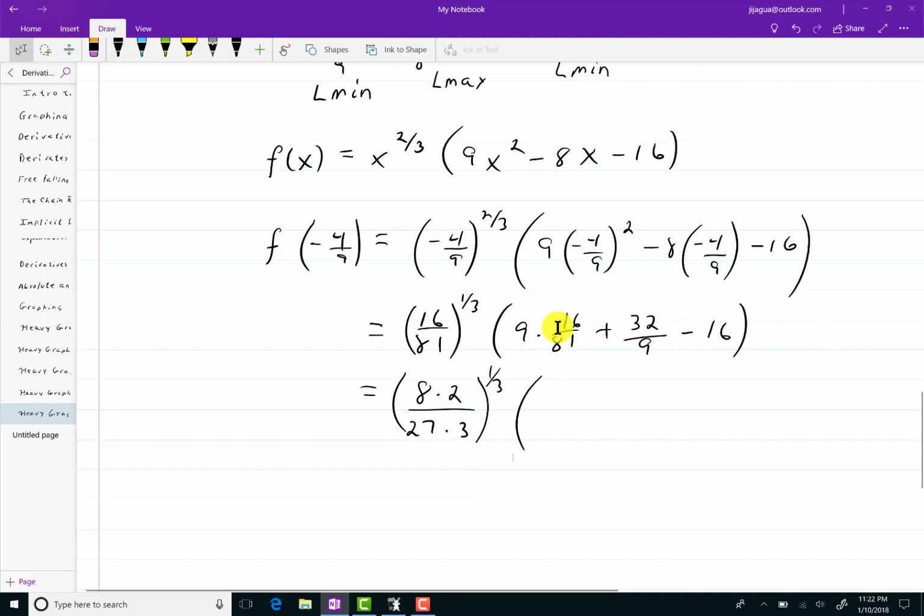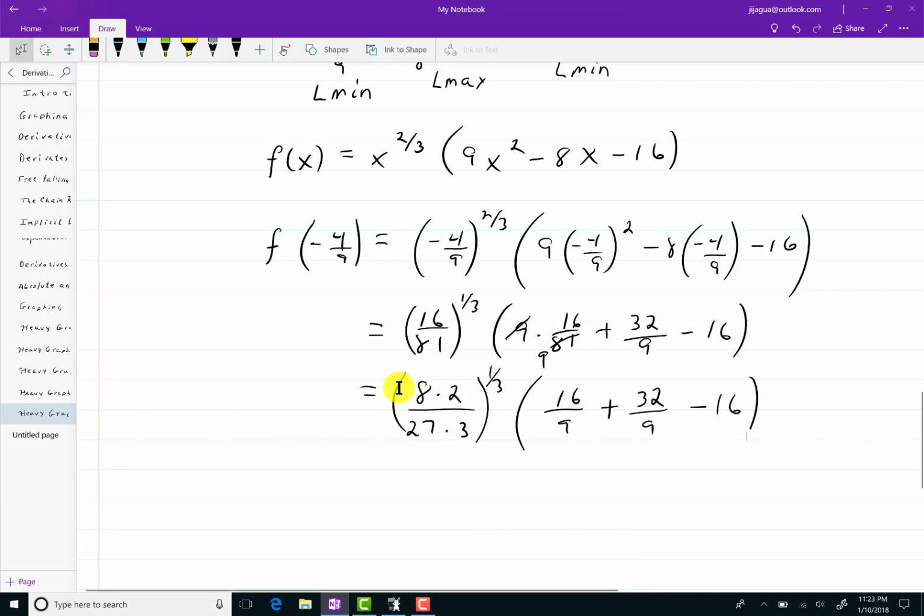Inside of here I'll cancel a 9 into the 81, and I'll get 16 over 9 plus 32 over 9 minus 16.